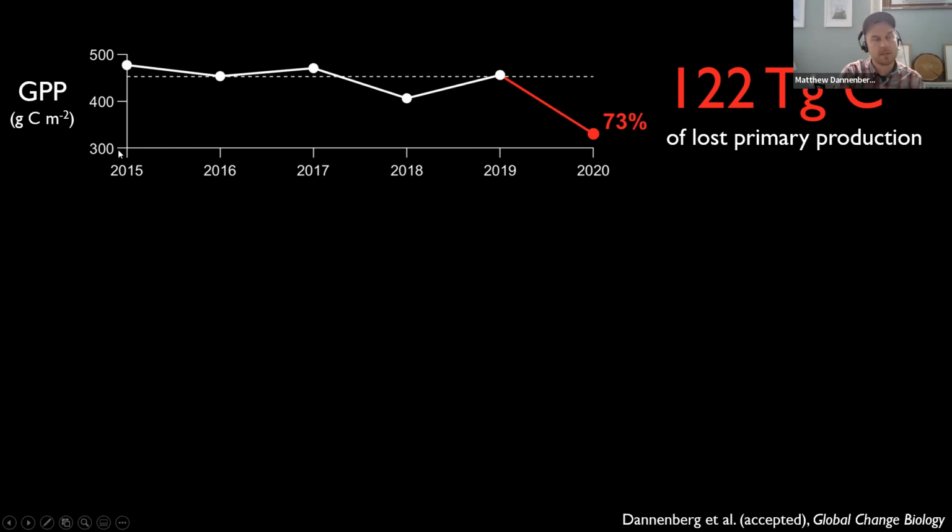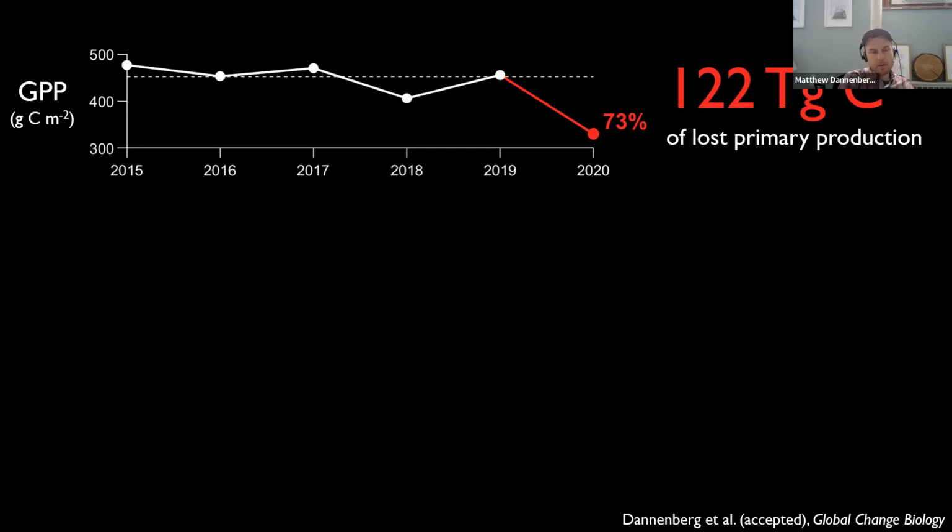Again, 2015 is the first year available from SMAP. And you can see that prior to 2020, gross primary production averaged somewhere around 450 teragrams over that July to October period. But in 2020, it dipped to more than 25% below that amount. And so it was a loss of something like 120 teragrams of carbon.